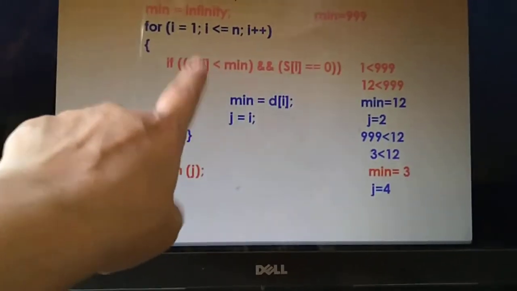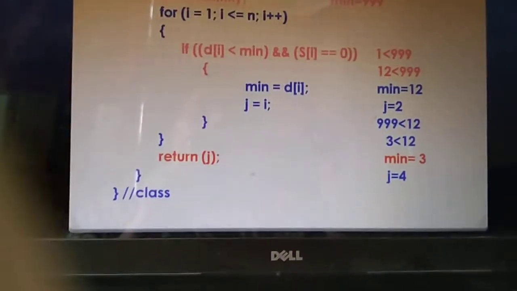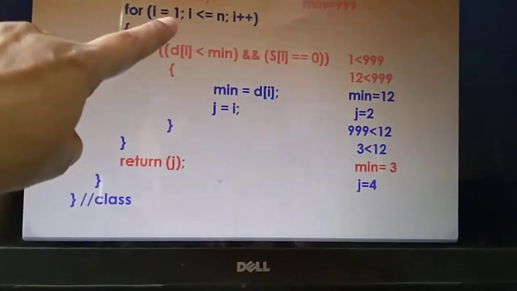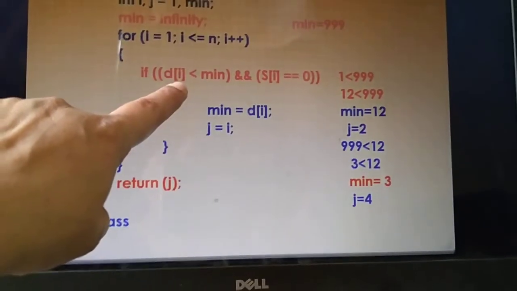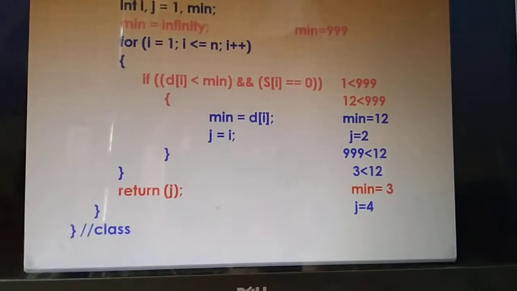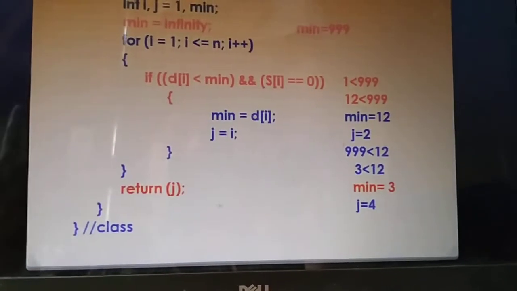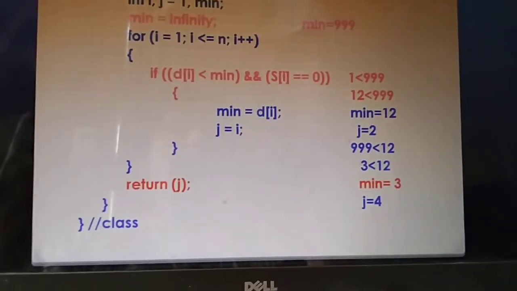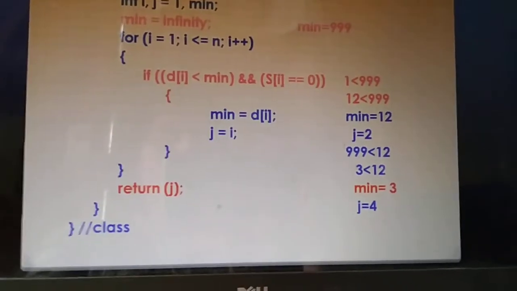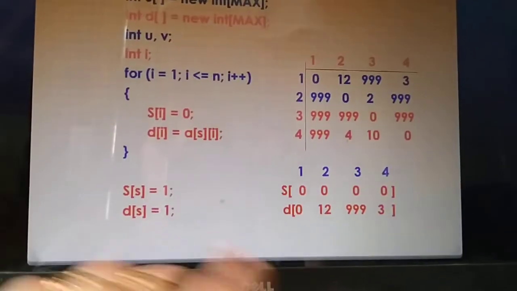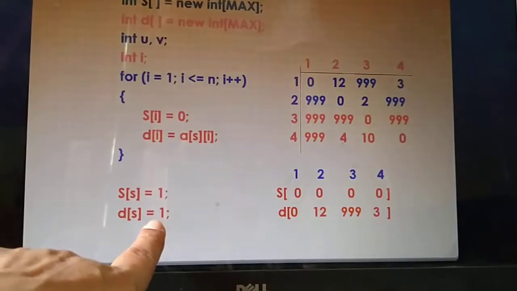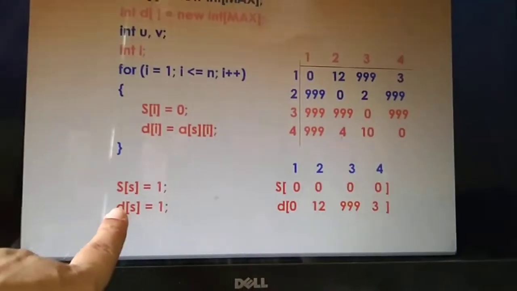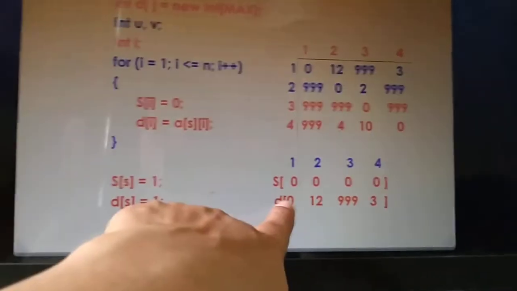What is d of i? What is i? i is 1. What is d of 1? d of 1 we have updated to 1. For the source vertex, I changed it to 1. Initially it was 0, but now d of 1 is 1.